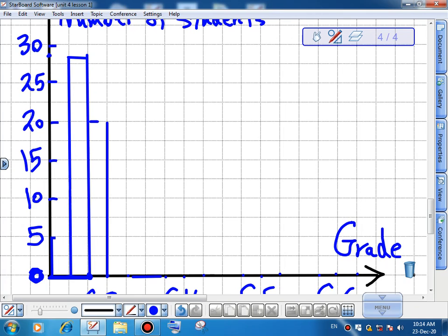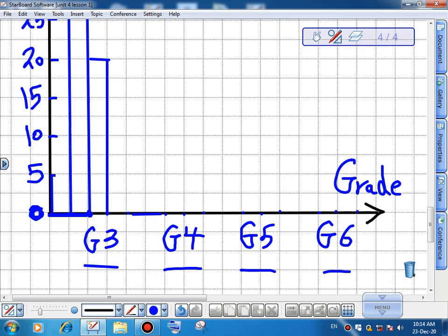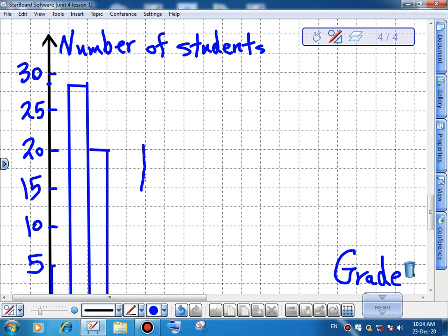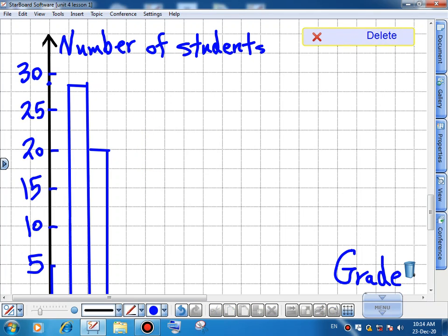Second, close the second part of the girls. So in grade 3, the number of boys goes from 0 to 28, like this, and girls go from 0 to 20. Do not close the bar until after drawing the boys and girls together.